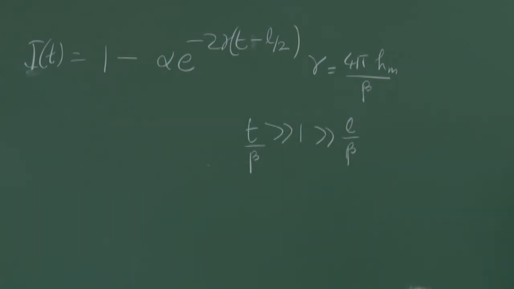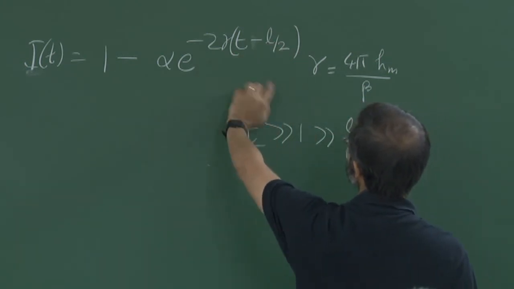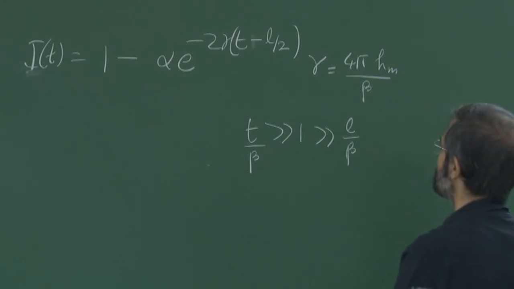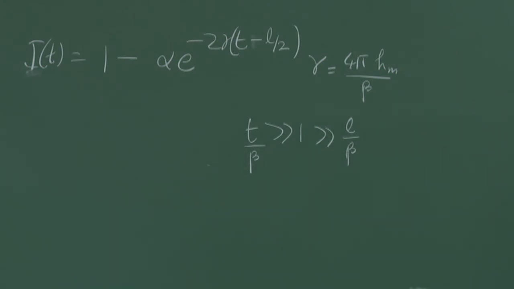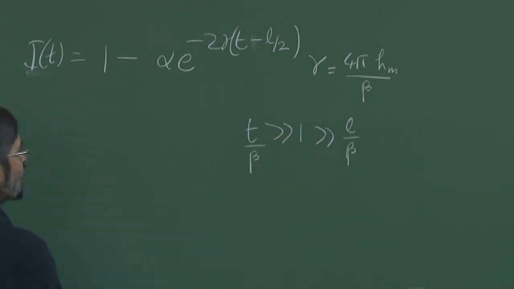So gamma has a 1 over beta in it, so this actually gets brought down to this thing.